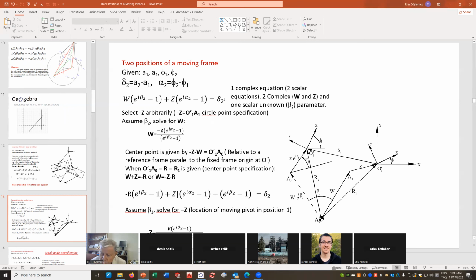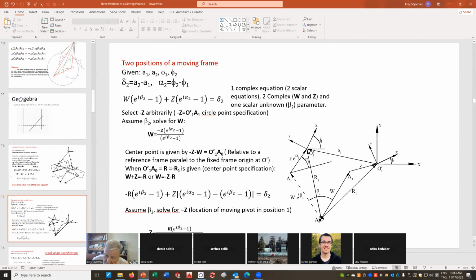Now, for two positions of a moving plane, we are given the two positions. A1, A2 will be given, phi 1, phi 2 will be given, because those are the positions of the two frames, from which I can determine delta 2 and alpha 2. So in this dyad equation, I know alpha 2 and delta 2. What are the unknowns?